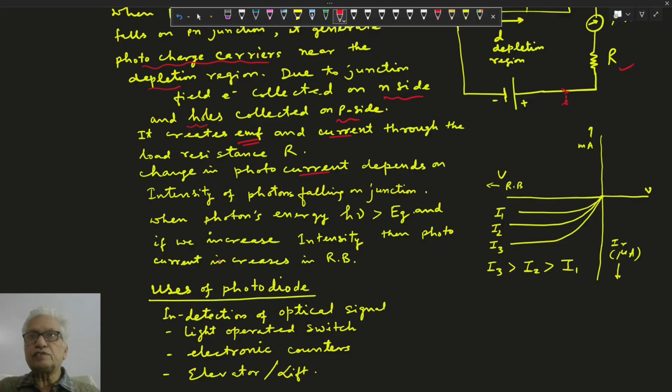The change in photo current depends on the intensity of photons falling on the junction. If intensity is more and more, current is more and more.